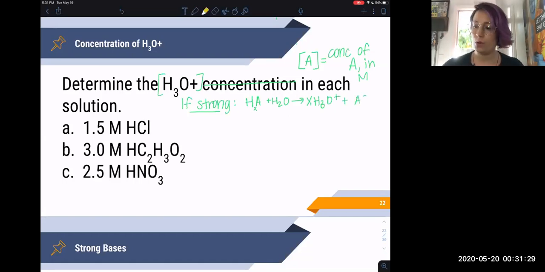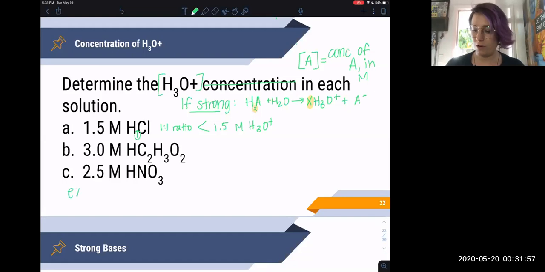What I'm looking for is however many H's there are, that's how many hydroniums you get. So, for example, if I have one H, that's a 1-to-1 ratio. Because it's a 1-to-1 ratio, it's 1.5 molar hydronium. If it's strong, you can do that.